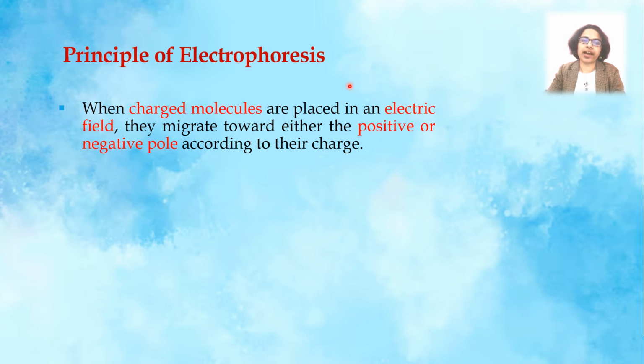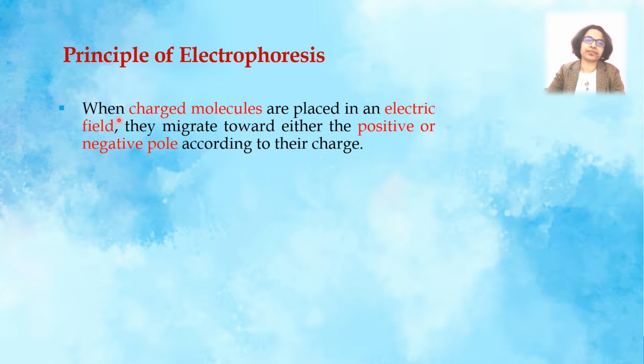So let us talk about the principles of electrophoresis. When charged molecules are placed in an electric field, they migrate towards either the positive or negative pole according to their charge.